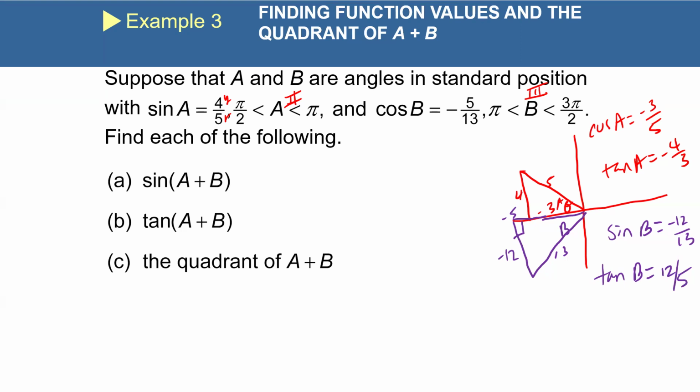Okay. So now we have all of our values, right? So now that you have all your values, can you evaluate sine of A plus B? Yes. Can you evaluate tan of A plus B? Yes. And then can you figure out what angle A and B make together?